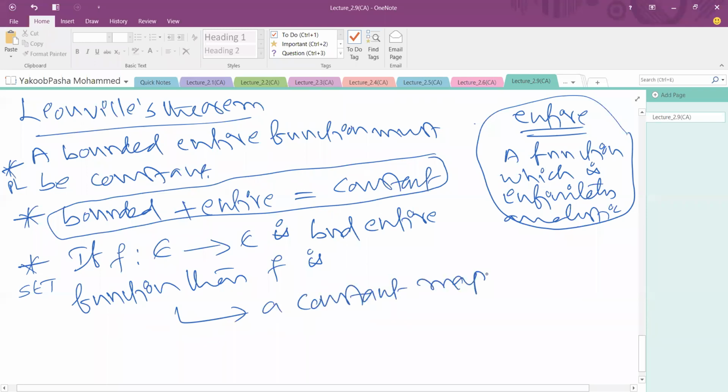Okay. Constant mapping. This is known as Liouville theorem.